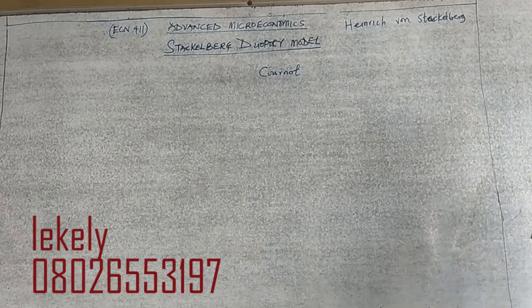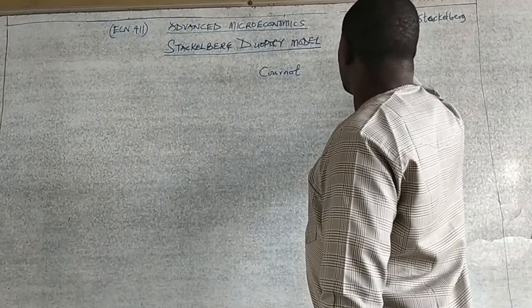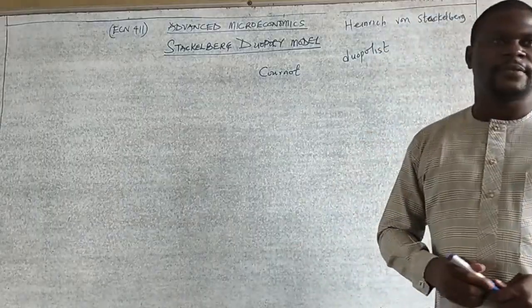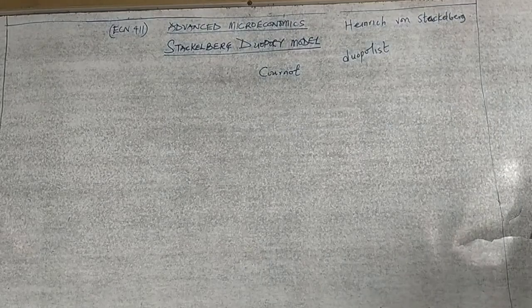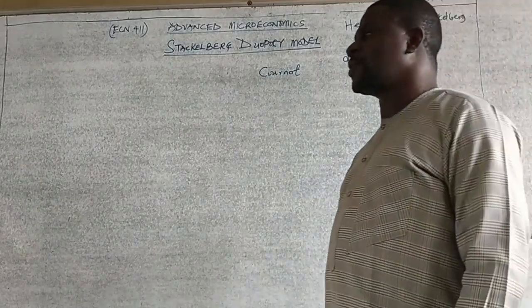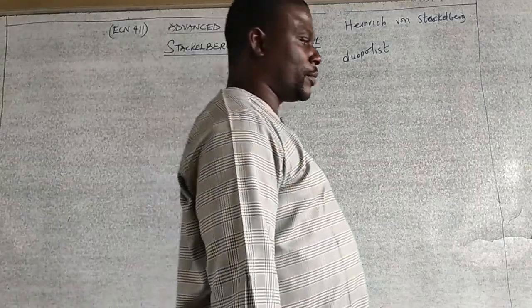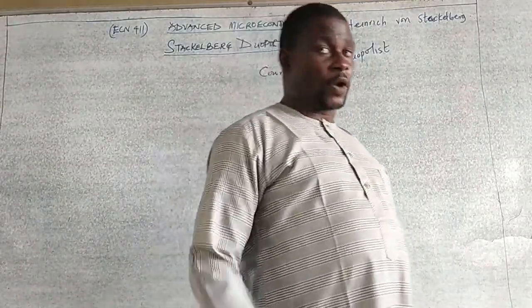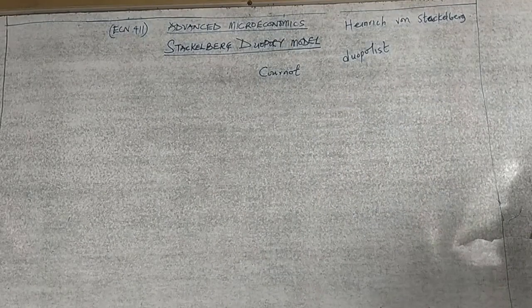One duopolist is sufficiently sophisticated to recognize his competitor's acts on Cournot's assumption. Recognize what? His competitor's acts on Cournot's assumption.